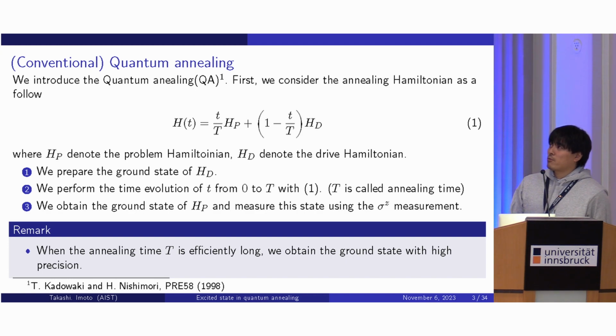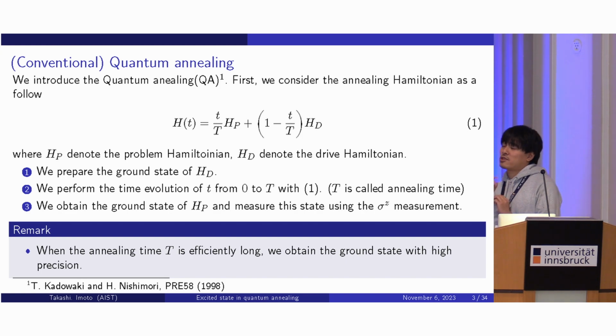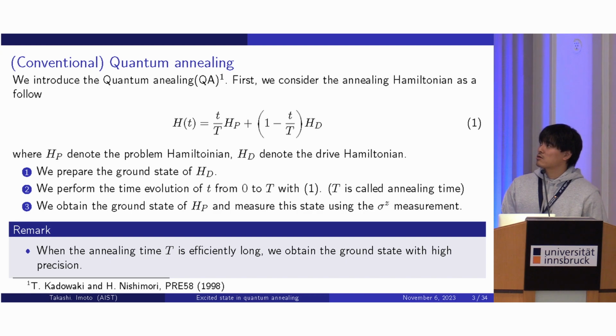Finally, we obtain the ground state of the problem Hamiltonian and measure this state using the sigma z measurement. We should remark that when the annealing time capital T is sufficiently long, we obtain the ground state with high precision.